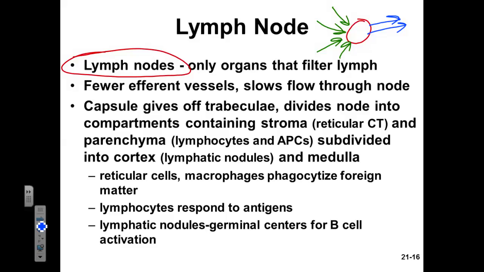Filter out pathogens. The specific tissue type in our lymph nodes that acts like the filter is our reticular tissue, the reticular connective tissues.